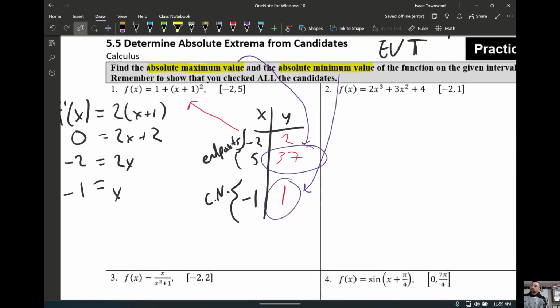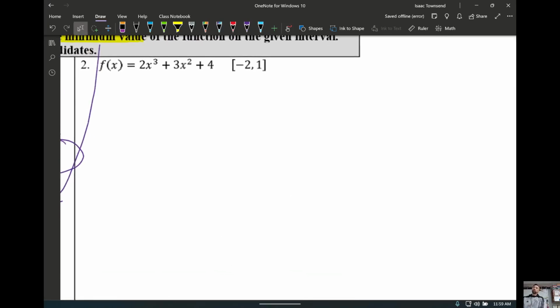Okay, I would like you to try this for question 2, please. And I would like you to try to do it without looking at question 1. See how much of it you can do without even looking at your notes.